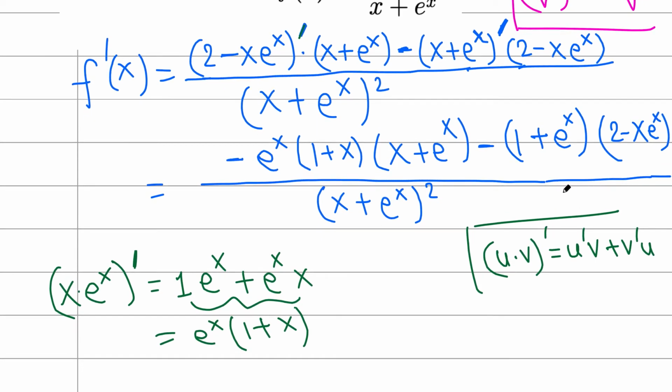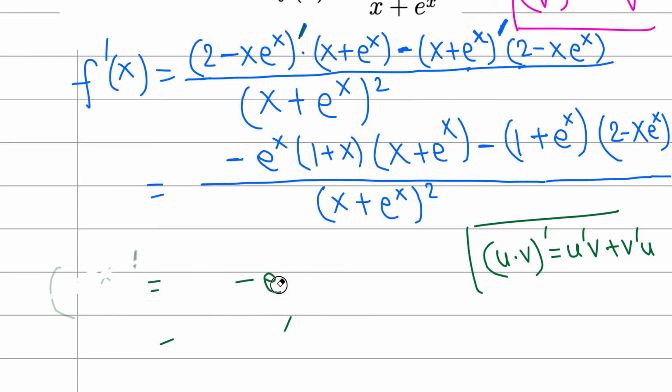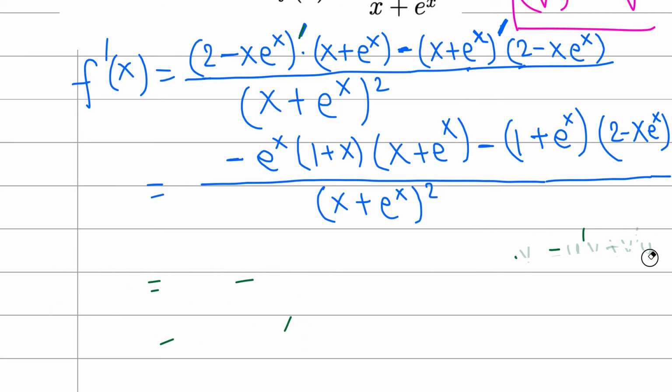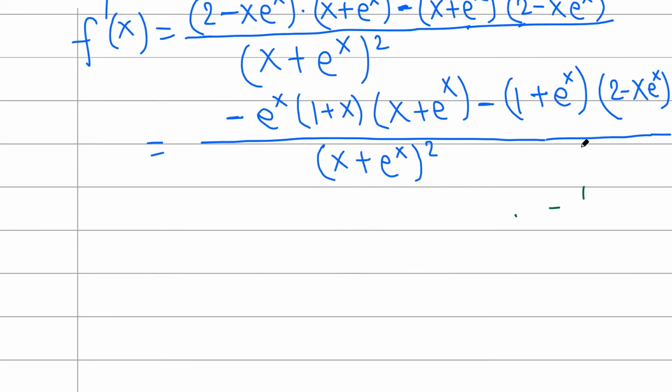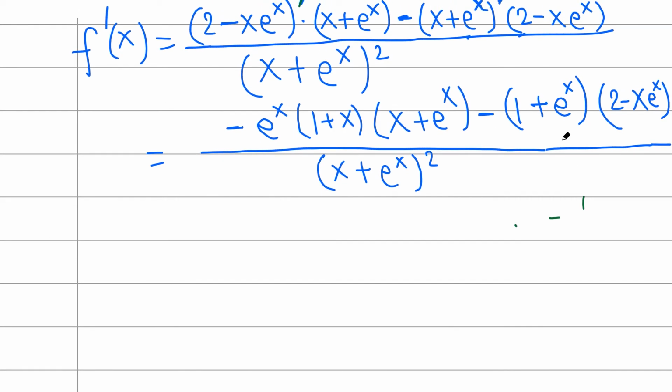Okay, and this should be it, because we found the derivative, the calculus is over. Now we might want to simplify a little bit on the top. Let's see what we can do here. There are no common factors.